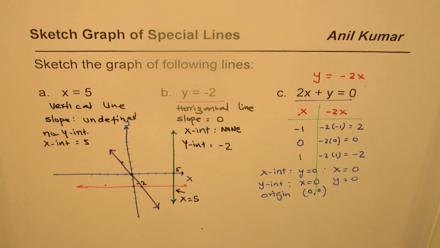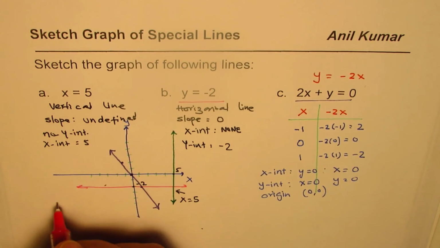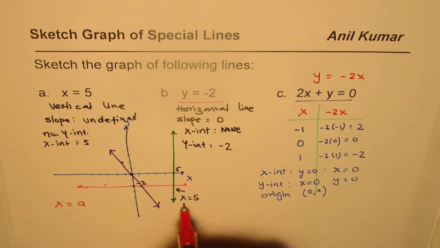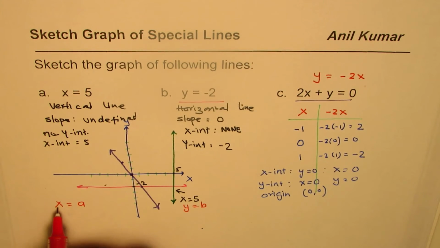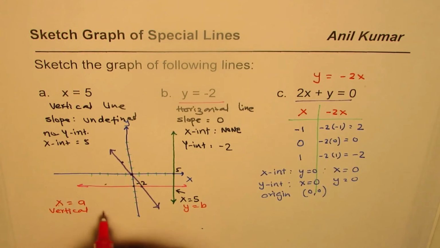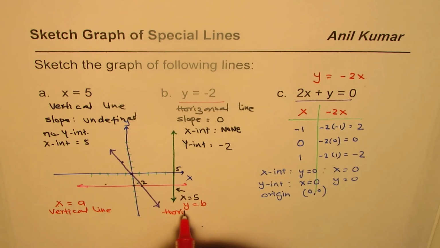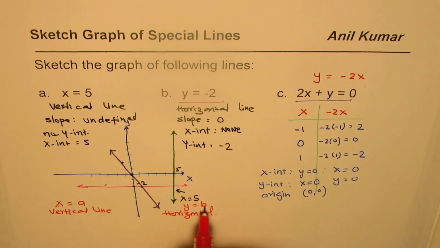So I hope you understand and appreciate that in general, if I write x equals to a, it is a vertical line, right? And if I write y equals to b, it is a horizontal line, where the y-intercept is b, correct?